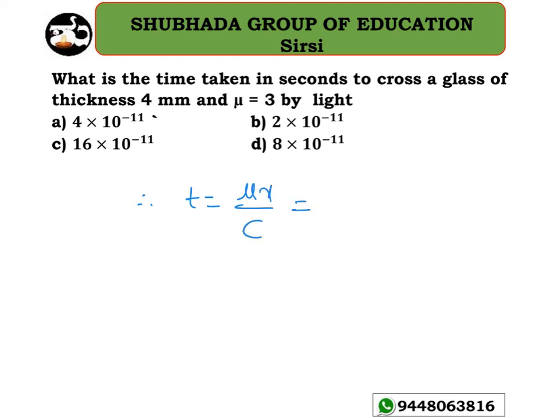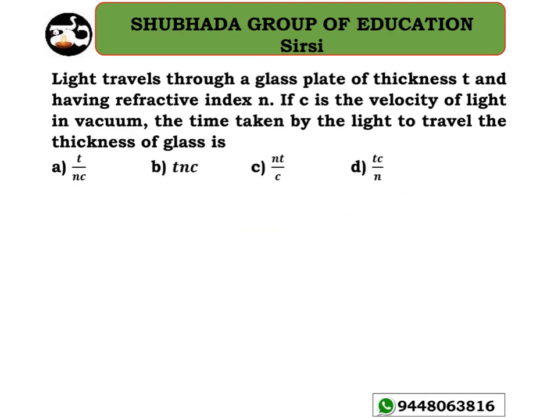If you substitute here, 3 into 4 into 10 to the power of minus 3 divided by 3 into 10 to the power of 8. So that is going to be 4 into 10 to the power of minus 11 seconds. So option A is the right answer for this question.